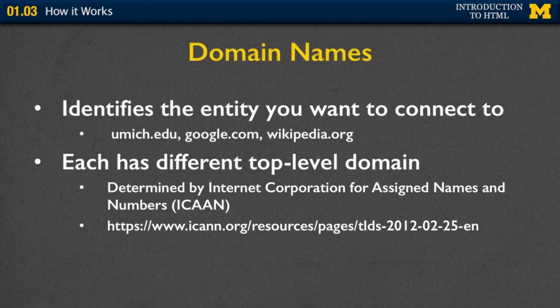So we have the protocol. Now let's talk about what the domain names represent. Usually the domain names are something recognizable, such as umich.edu would be for University of Michigan, google.com, wikipedia.org. So each of these sites has a different top-level domain. How do some people get to be .edu and some .com, some .biz, etc.? Well, they're actually determined by ICANN.